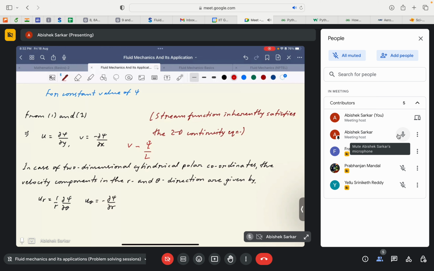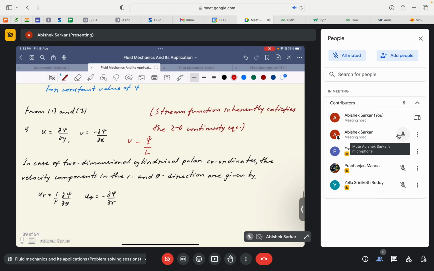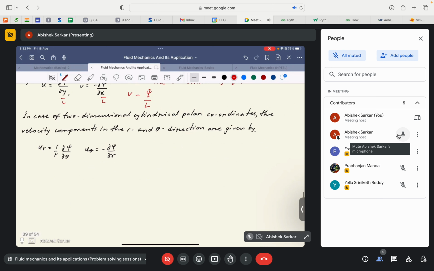So the velocity has a relationship with the dimension of psi as psi by L. You can see the similar trend is followed here. For u equal to dou psi by dou y, y has a dimension of L, and x also has a dimension of L. Similarly, for u theta, it is dou psi by dou r, and r has a dimension of L.